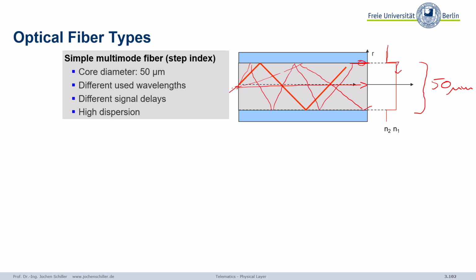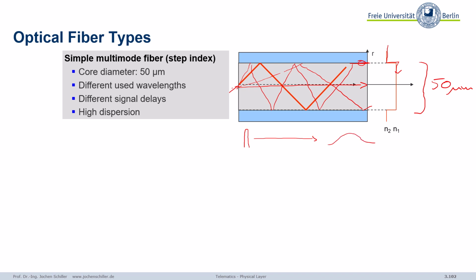And as you can imagine, if you are reflected many, many times, you need longer because the way is much longer compared to the straight line. So the ray that goes through the very straight mode is much faster on the receiver side. So what happens? You send a sharp pulse of light into the fiber of a certain wavelength, and at the end this will smear out.